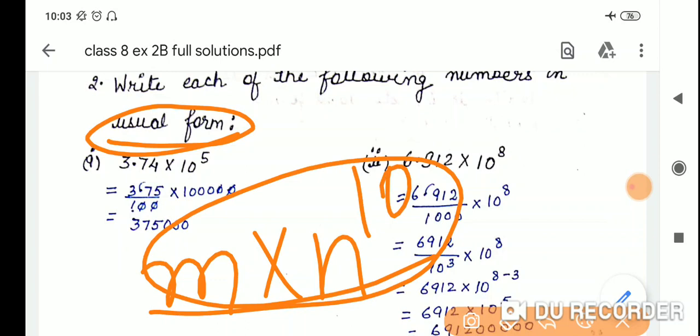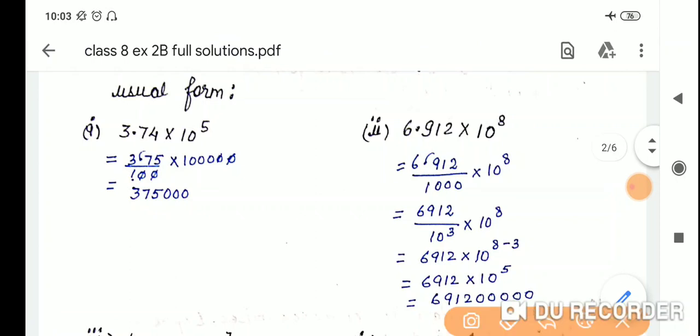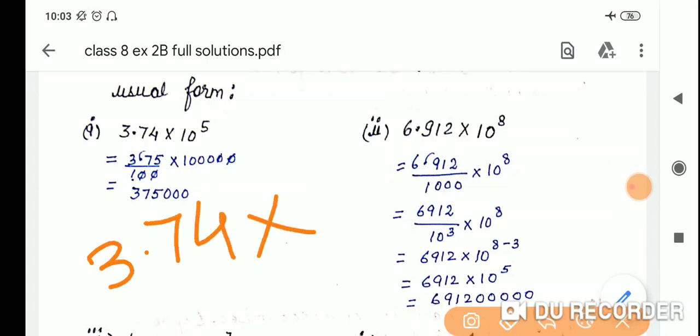Clear? So here the first one is very easy. You just have to open it and cancel out. So 3.7, here by mistake it is written 5, it is 4 only. Okay, you correct it. So 3.74 multiplied by 10 raised to the power 5.